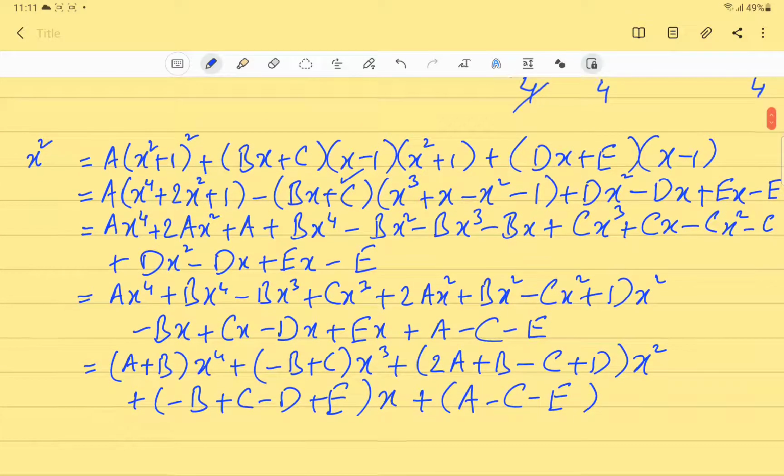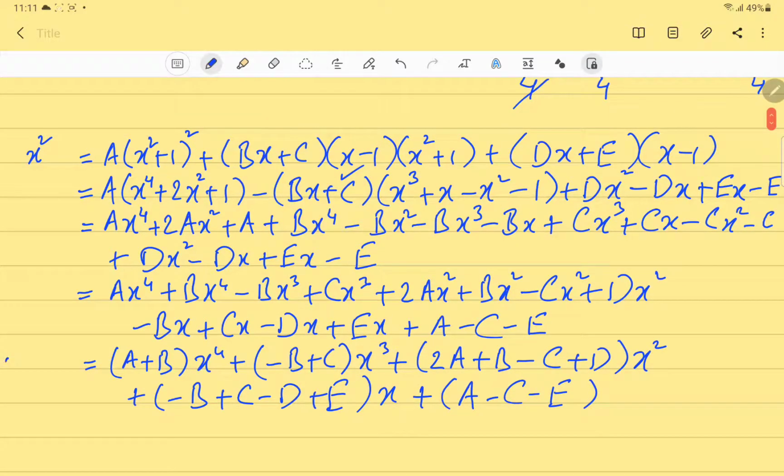Okay, let's write down the left side also. 0x4 plus 0x3 plus 1x squared plus 0.